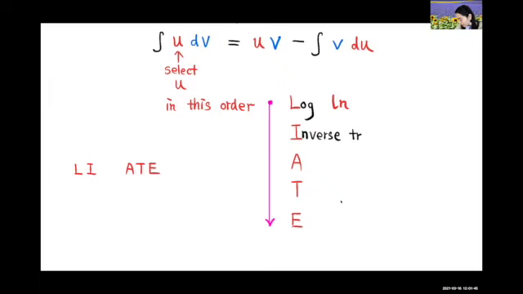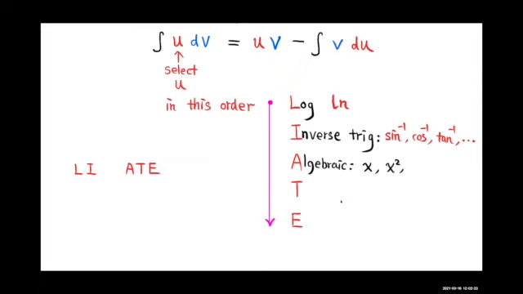If you don't have a log function and you have an inverse trig function, you let u be the inverse trig function: inverse sine, inverse cosine, inverse tangent, etc. The A stands for algebraic. Some examples of algebraic functions: x, x squared, square root of x, square root of x plus 1, etc.